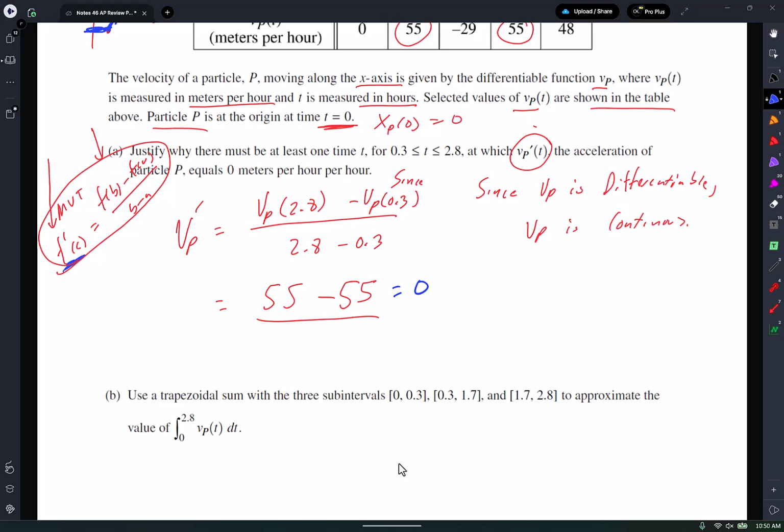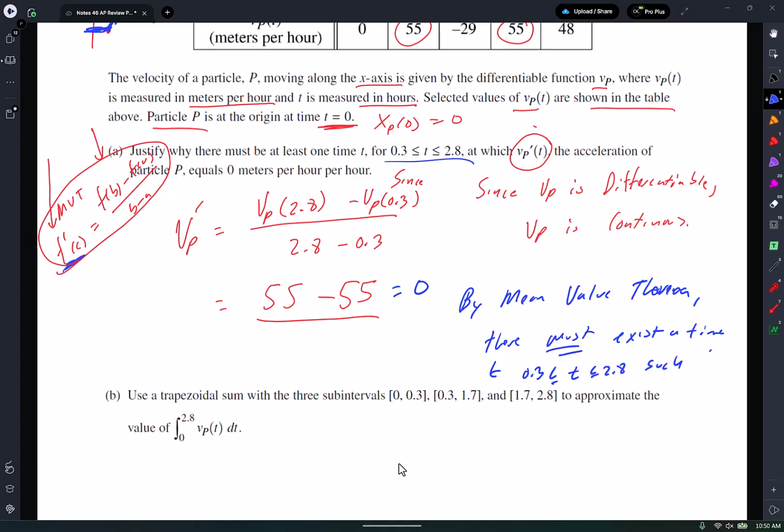All right, I'm going to put here, by mean value theorem, there must, and I'm just using their language, exist a time t between 0.3 and 2.8 such that V prime of P of t equals 0.